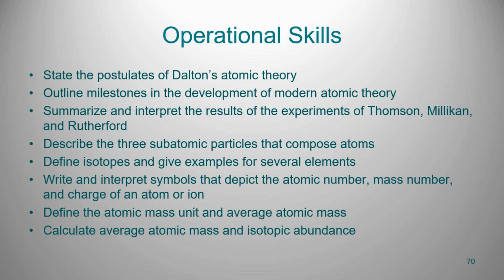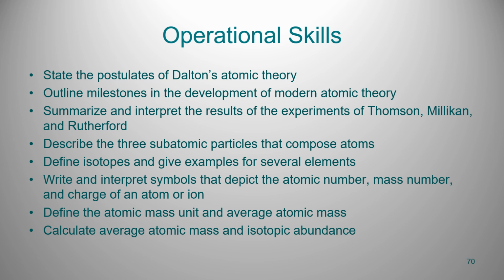So, you know, Dalton was the first one to say the atom was the smallest particle, and then J.J. Thomson discovered the electron, and then Millikan and all the rest, what they added to it and how the atom evolved.